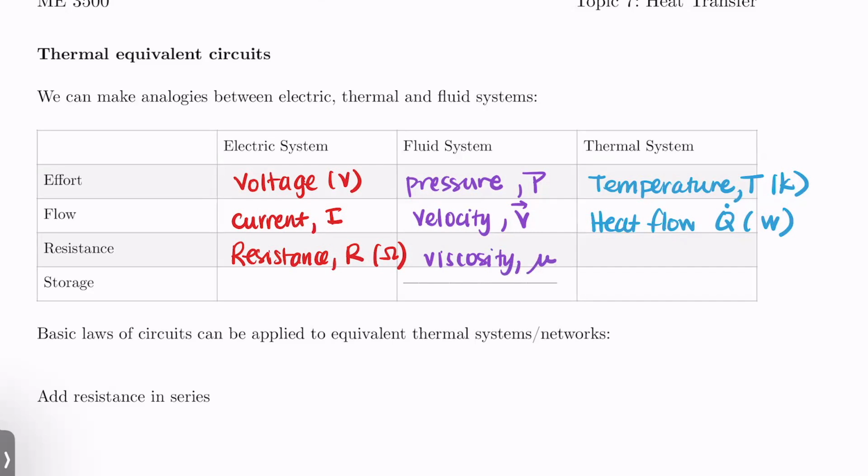And then for a thermal system, we call this thermal resistance, R. And then in both electric systems and thermal systems, we have this concept of energy storage. We don't really have that in a fluid system though. So that's why I have that little slash through here. So in an electric system, this would be capacitance, C. And then in a thermal system, this is thermal capacitance.